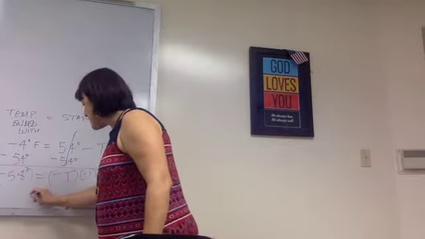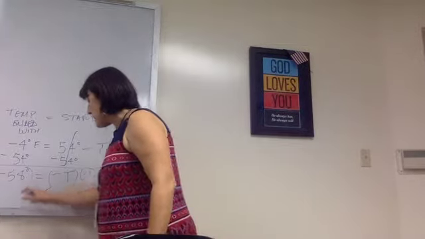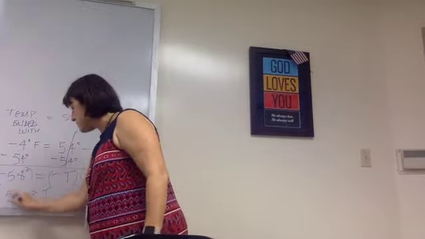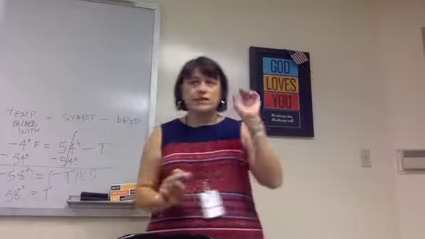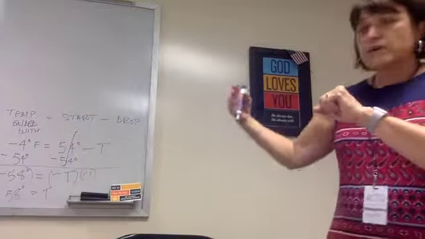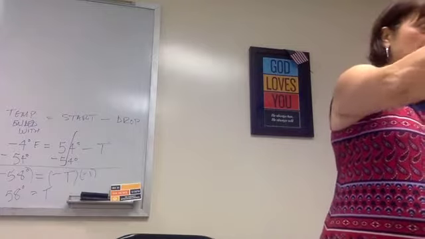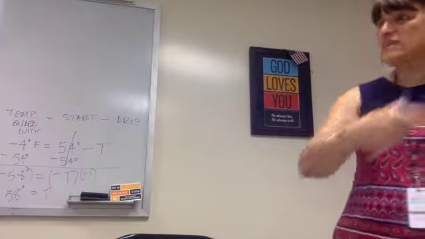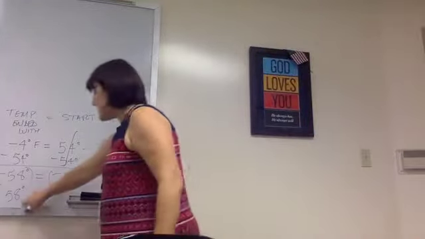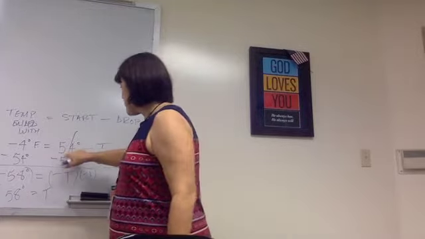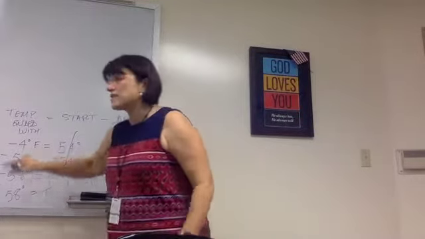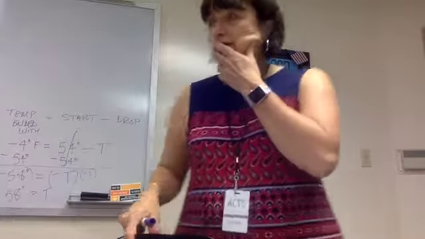So now t, my variable, is positive, and I get 58. So in other words, think about it. We started at 54. We've dropped all the way down to 0. That's 54. And then we dropped another 4 more, right? So the temperature drop is 58 degrees because 54 minus 58 is equal to -4. Does that make sense?